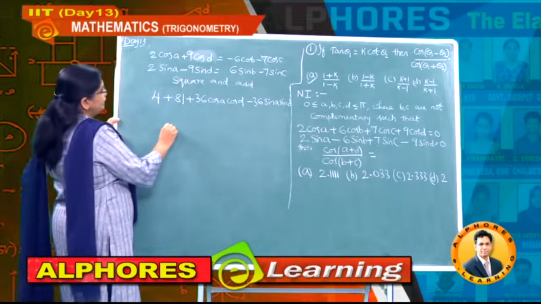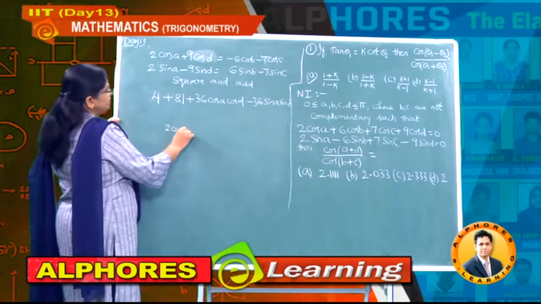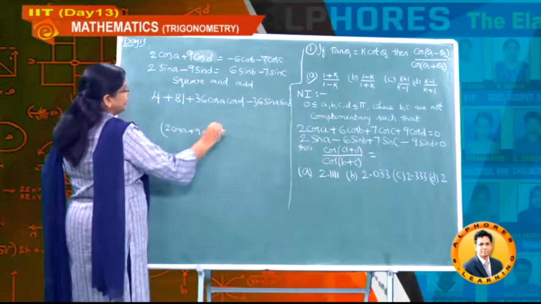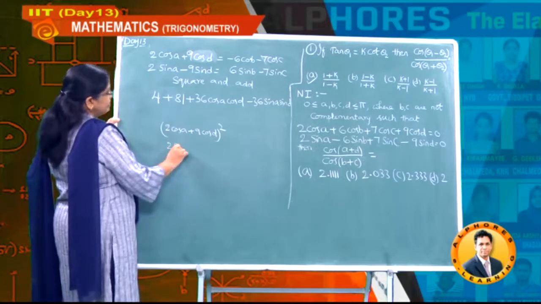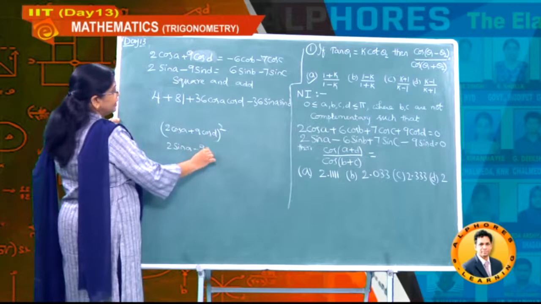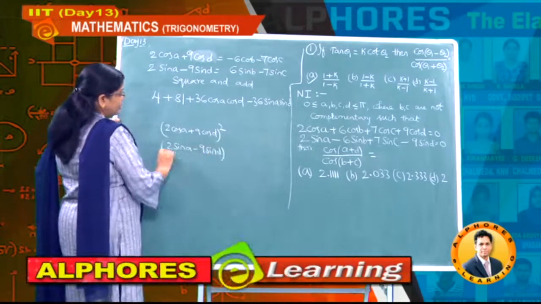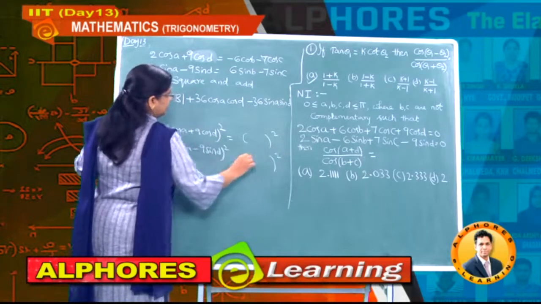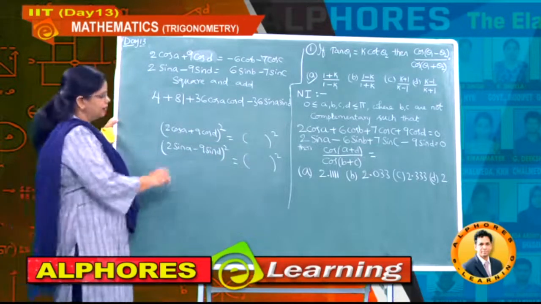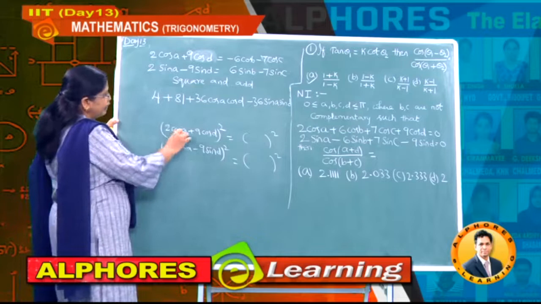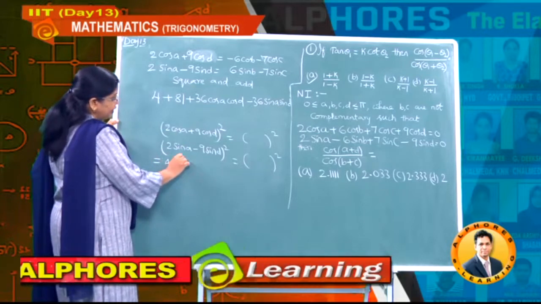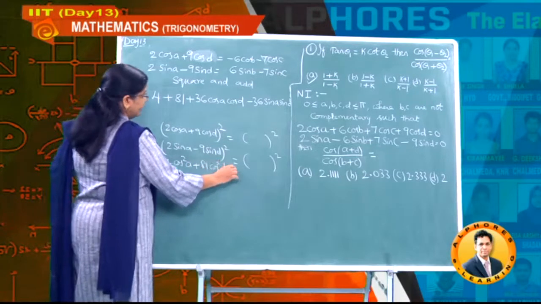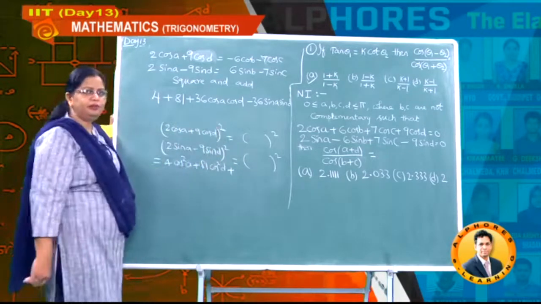That means what I did here, 2 cos A plus 9 cos D whole square, only left hand side I am writing, and this side 2 sin A minus 9 sin D whole square, only left hand side. Here also you got whole square and here also whole square. Understand? So what I did here, if I write 4 cos square A and after that plus 81 cos square D, and after that plus it is 2AB also.